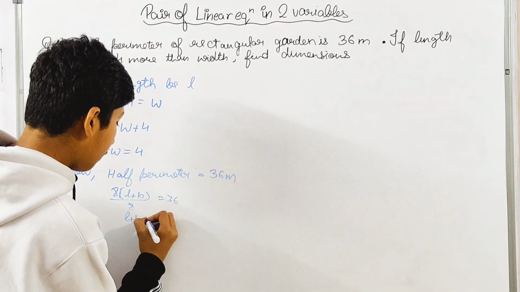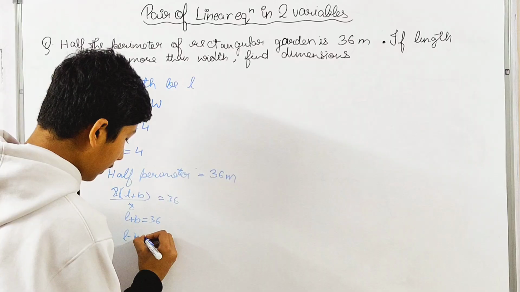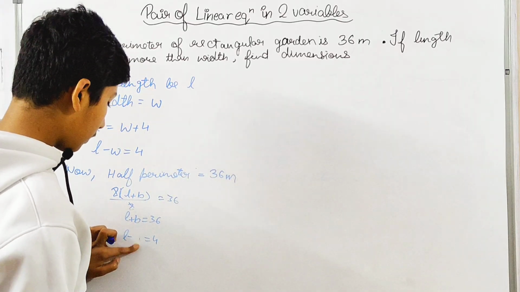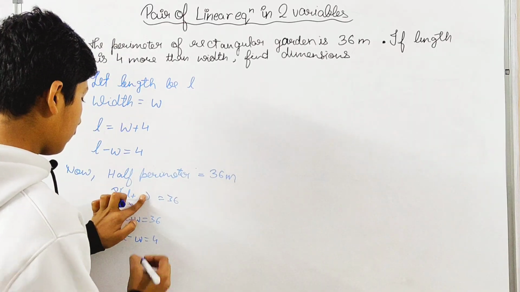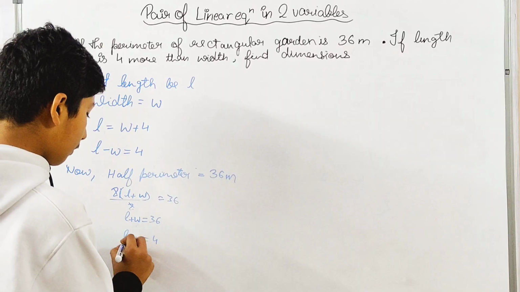L plus W equals to 36 and L minus W is equal to 4. We have calculated this. Okay, L plus W 36, L minus W 4.